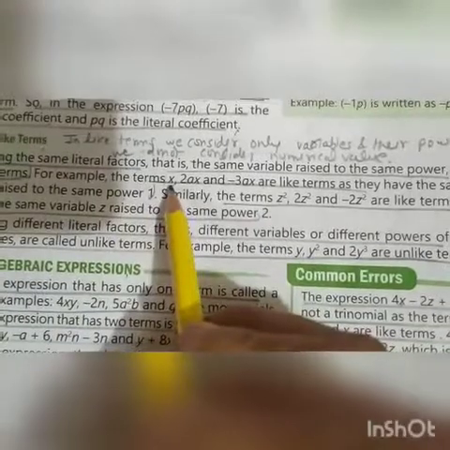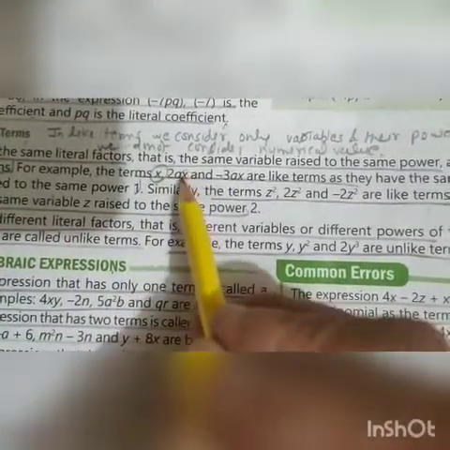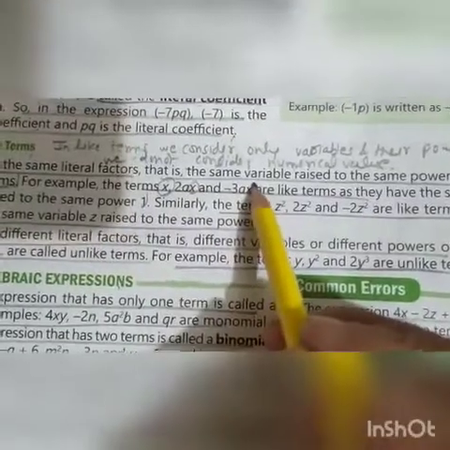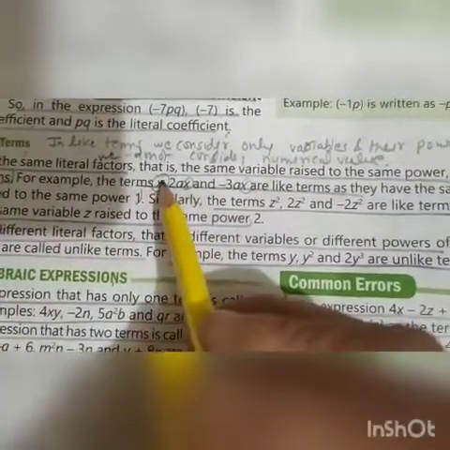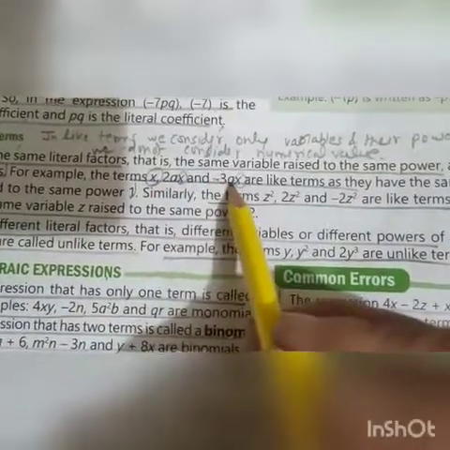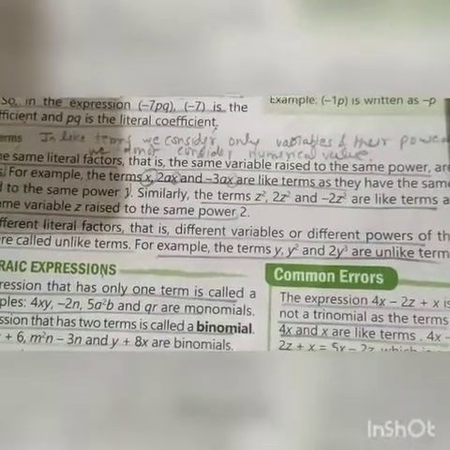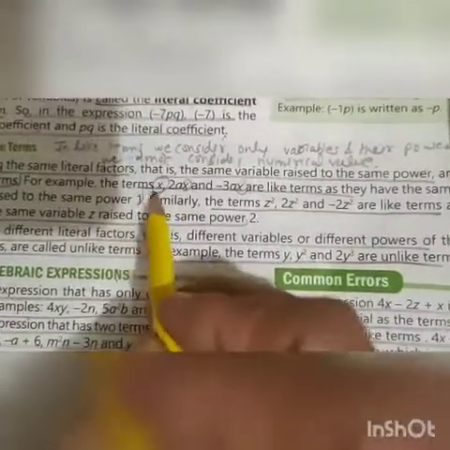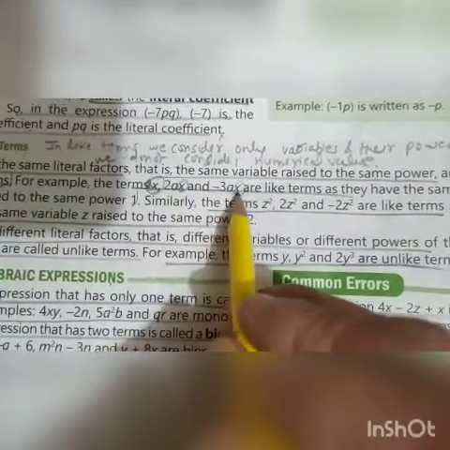We will see only literals. See here, this is x, this is x, this is x. Here x power is 1, here also power 1, here also power 1, then it is like terms. It should be ax, not x, ax, because then literal factors will be the same.